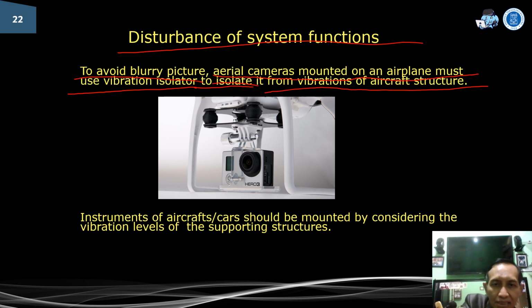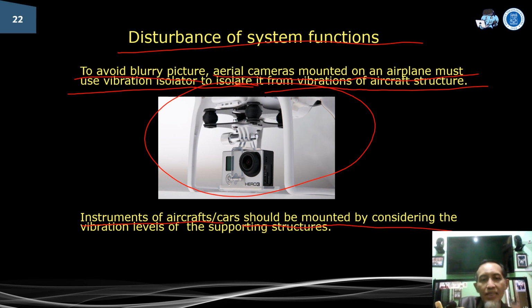This is a picture of the camera mounted; it's a vibration isolator. Instruments of aircraft or cars should be mounted by considering the vibration level of the supporting structure.